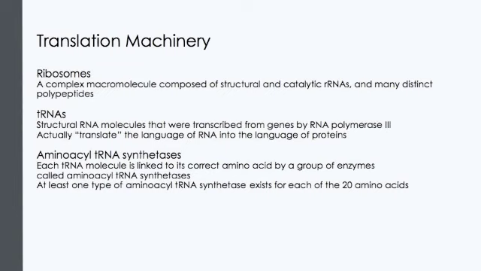They actually, quote-unquote, translate the language of RNA into the language of proteins. Furthermore, each tRNA molecule is linked to its correct amino acid by a group of enzymes called aminoacyl tRNA synthetases. At least one type of aminoacyl tRNA synthetase exists for each of the 20 amino acids.